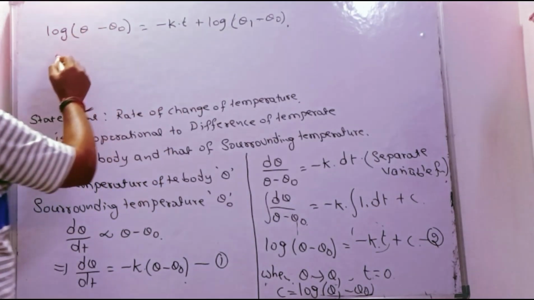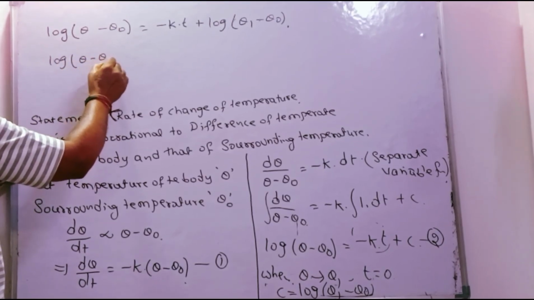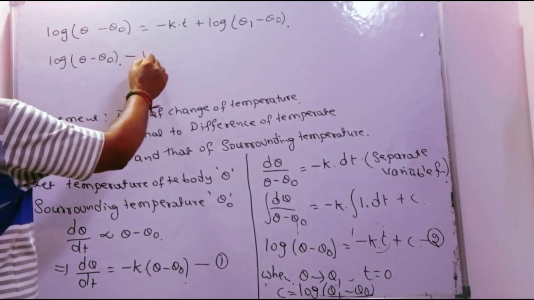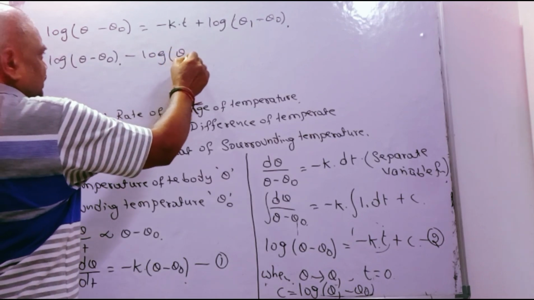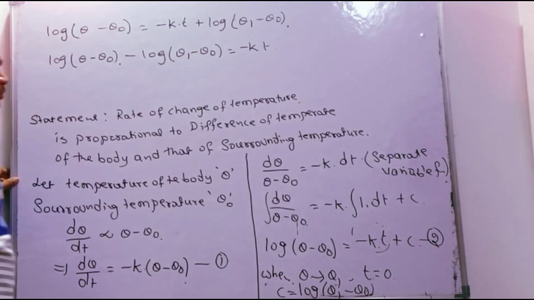Then take it to this side: log of theta minus theta 0 minus log of theta 1 minus theta 0 equal to minus kt.